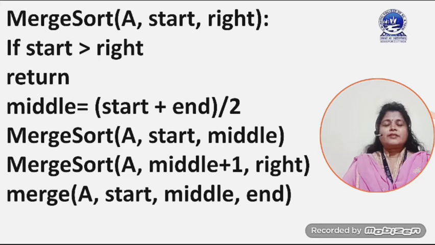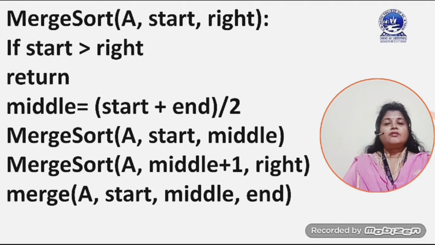At the first step, we are checking if start is greater than or equal to right, then return. For example, if your list consists of 10 locations, then obviously the first if condition will be false. And we will come to the next point, that is middle. Middle equals start plus right divided by 2.